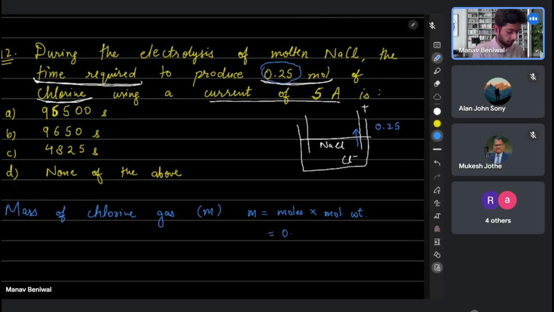So we'll write 0.25. And what is the molecular weight of chlorine? Because it is written chlorine gas, it will be Cl2, and the molecular weight will be 71 grams. So we multiply by 71, and this comes out to be 17.75 grams.